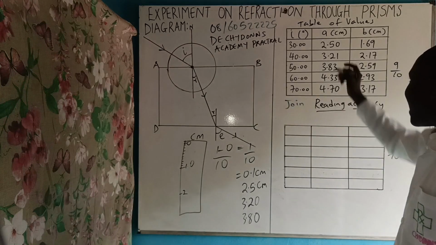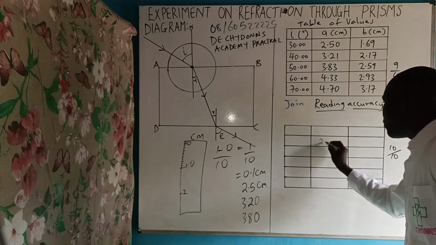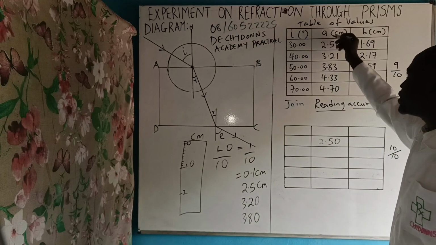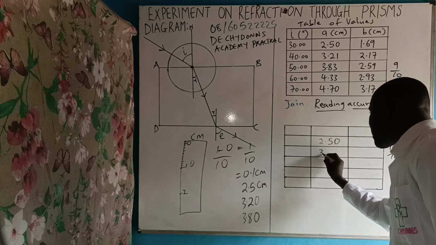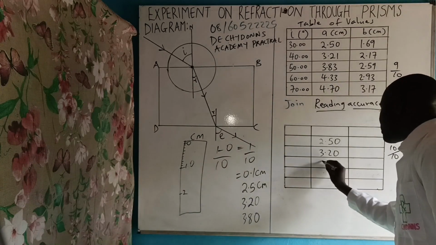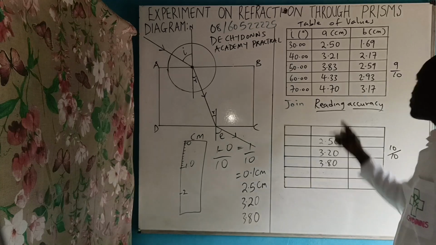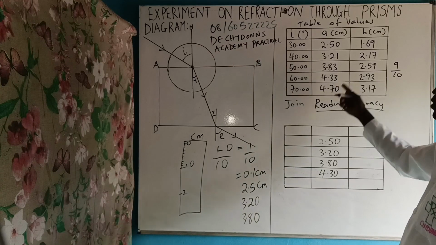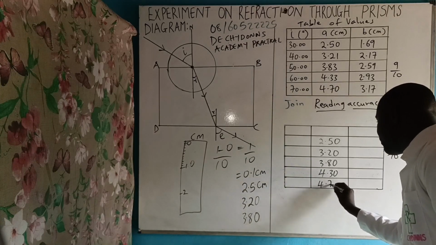Okay, let's see. That means here I'll be having 2.50. It's obeying 0.1. Here I'll be having 3.20. Is obeying. Are you getting it? Here 3.80. Here 4.30. Here 4.70.